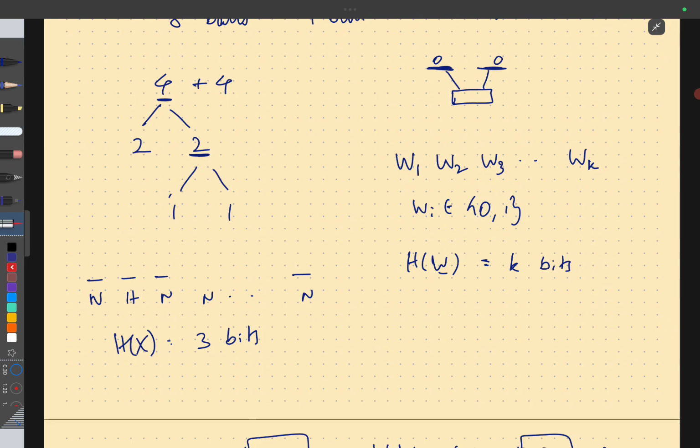But that's okay, because it simply means that the total entropy in the measurements is not exactly k bits, but rather this is at most k log 3 to the base 2. In every measurement, I'm getting log 3 to base 2 bits of information.